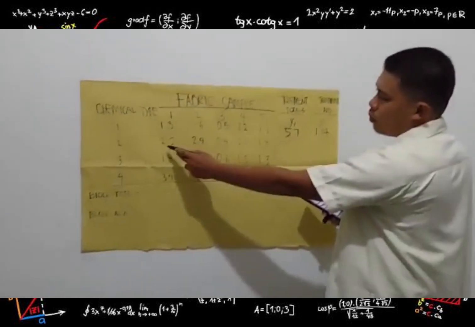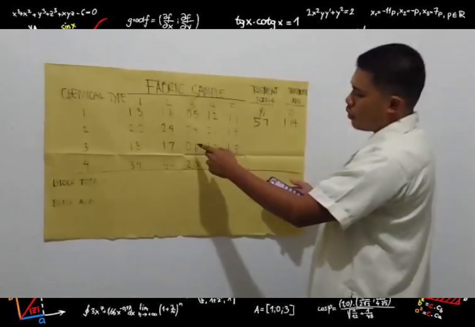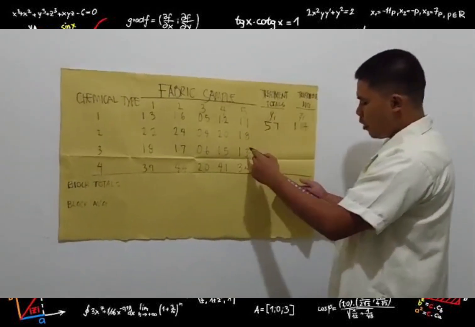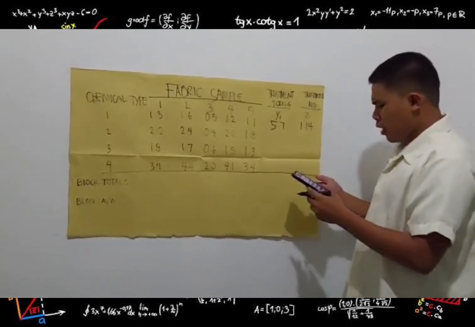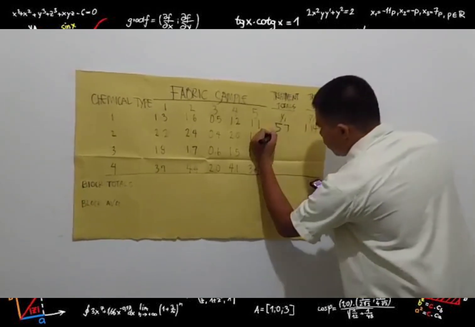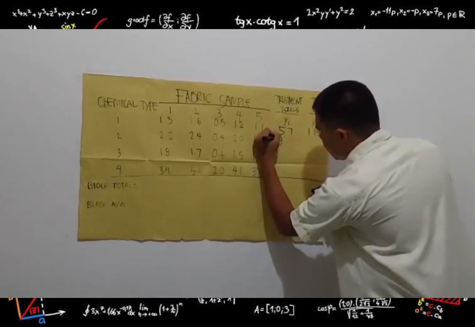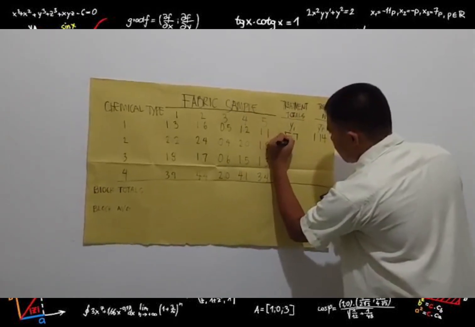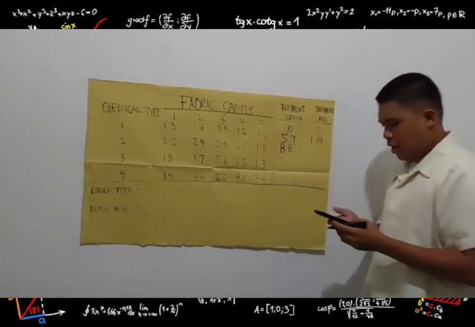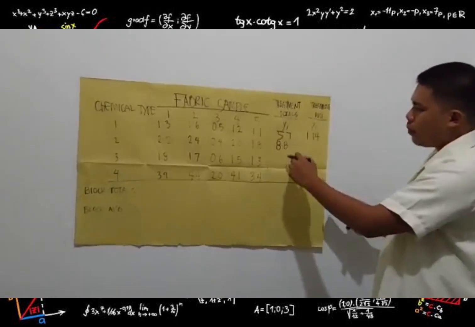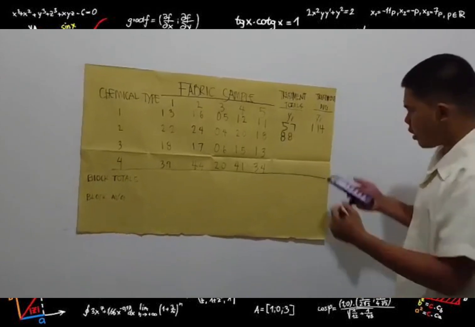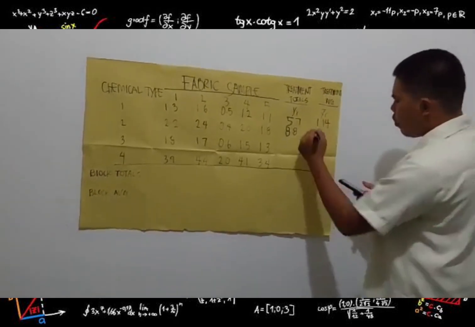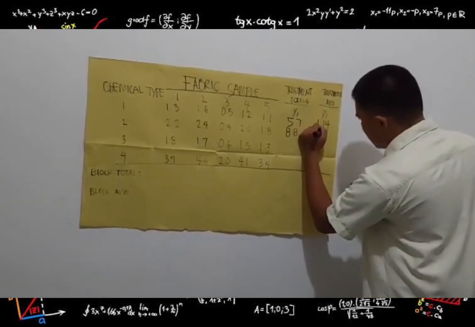We add the 2.2, 2.4, 0.4, 2.0 and 1.8, which is equal to 8.8. And you also divide 8.8 by the number of fabric samples, and it is equal to 1.76.